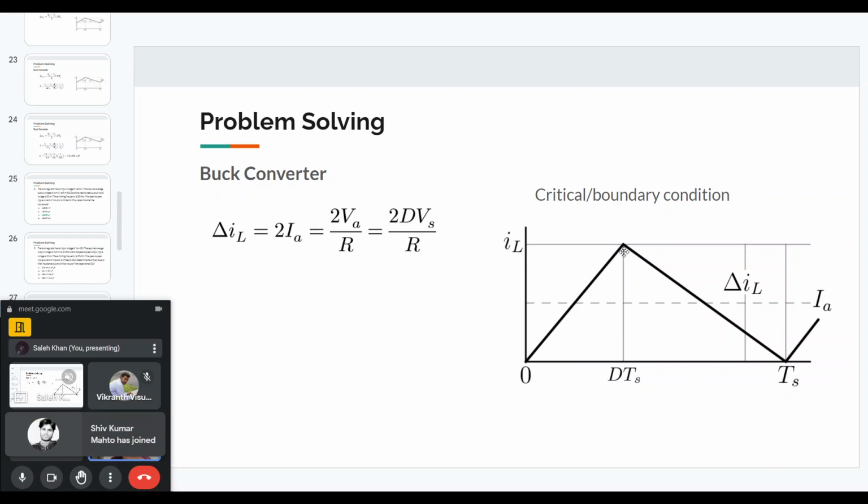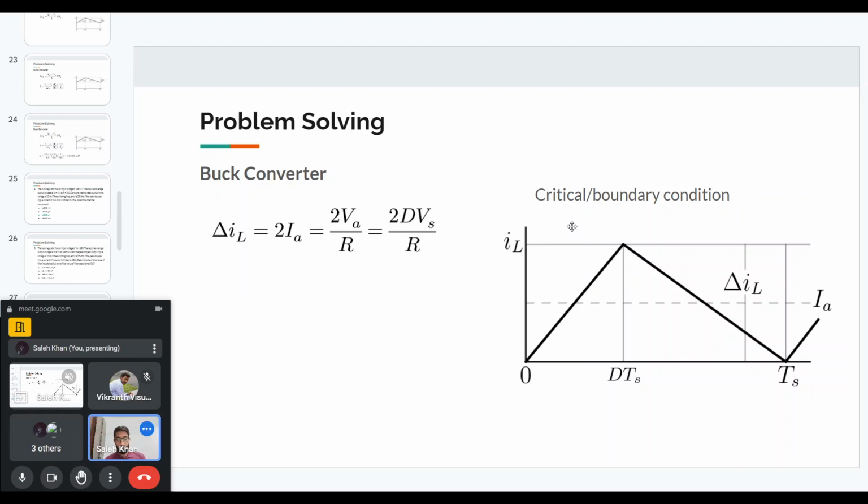It is called the critical or boundary condition because if the ripple is greater than this, then we will come to a DCM condition, a discontinuous conduction mode, because the inductor current will come to zero before Ts, and then it will stay at zero. So this situation is called a boundary or critical condition.